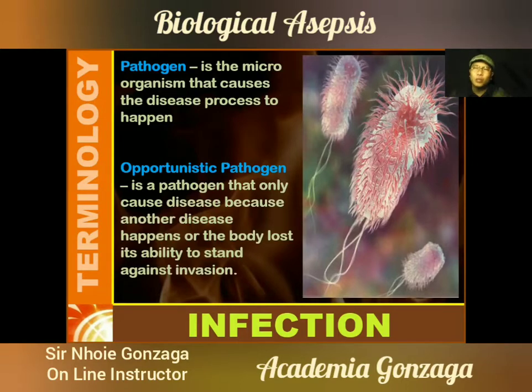Because the person is weak, the bacteria causing tuberculosis will have an easy time entering the body because the body cannot fight the bacteria, having been weakened by AIDS. So, the bacteria causing tuberculosis finds an opportunity to infect the body without resistance. You call that opportunistic pathogen. Okay?